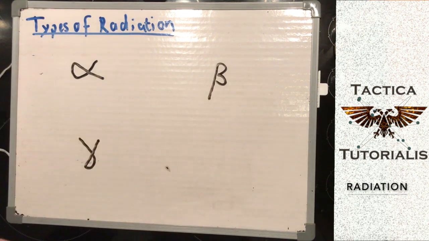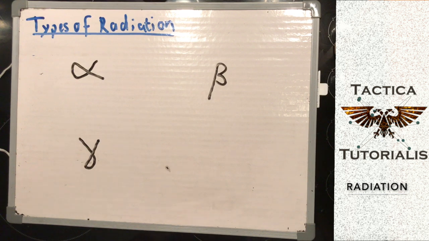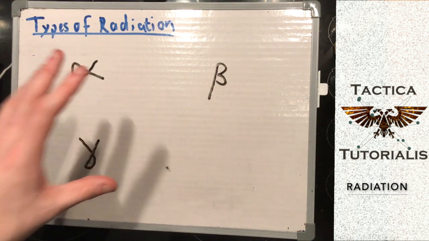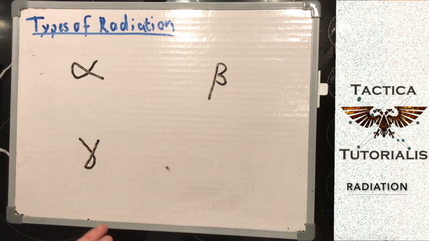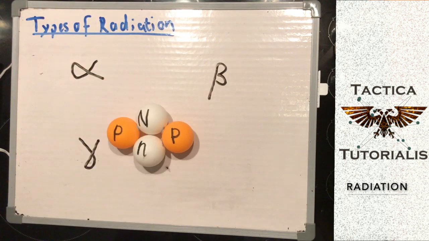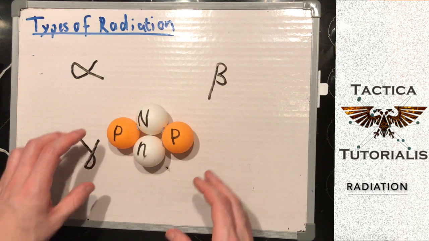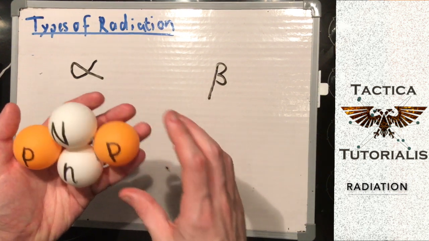But that's just some Greek letters. What are these things? What are they made of? How do they work? We're going to cover that in full throughout the video, but in short, I'm going to give you now the very basics of what these things are made of and where they come from. So, first, alpha. This is an alpha particle, sort of. It's not really a particle, in truth, it's a nucleus.